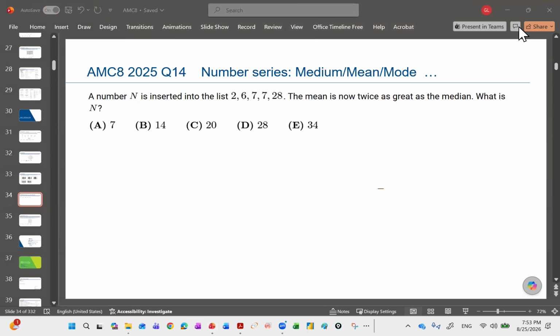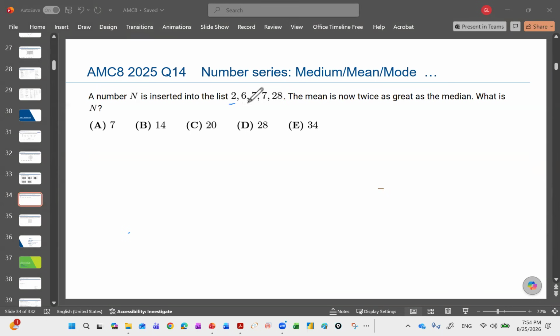Kaiden, can you help me read this question? A number n is inserted into the list 2, 6, 7, 7, 24, 28. The mean is now twice as great as the median. What is n? Let me read this question one more time. A number n is inserted into the list.